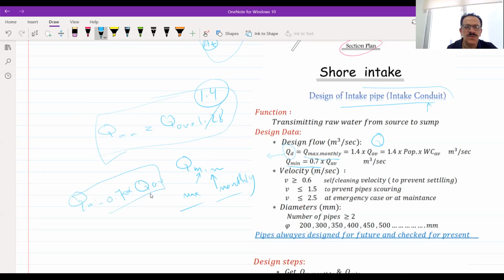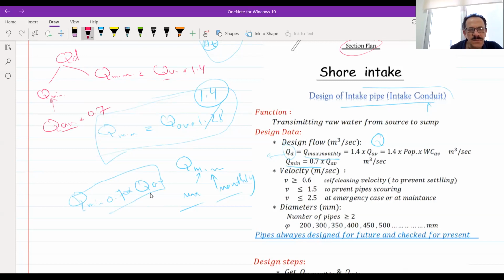So we have two very important points. Q design will be either Q maximum monthly or Q minimum. Q maximum monthly is equal to Q average times 1.4. Q minimum will be Q average times 0.7.